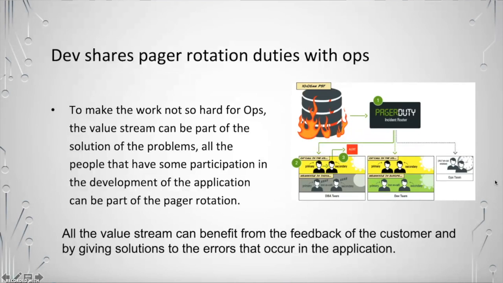Also, we can have people from the value stream, like developers, development managers, and architects. Everyone in the value stream shares the downstream responsibility of handling operational incidents. All the value stream can benefit from receiving feedback from the customer and by having a solution to the errors that occur in the application.